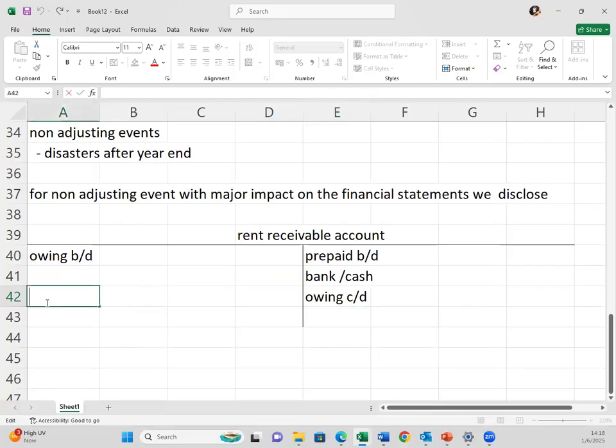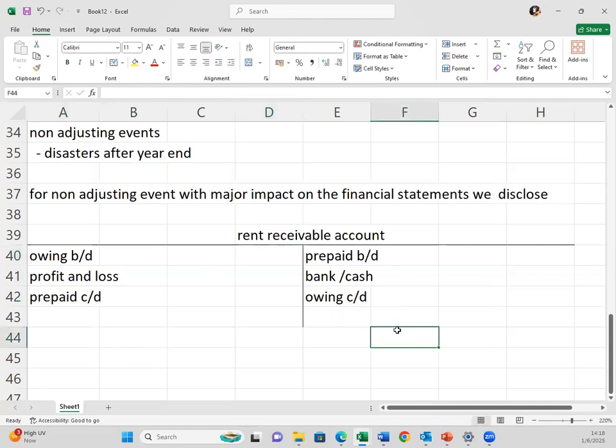Then this side, remember, owing can be followed by owing. So if owing BD is on the debit, it means this side you're going to have prepaid CD. Then the profit and loss, which is our balancing figure. So let's go and slot in the amounts that we are given.